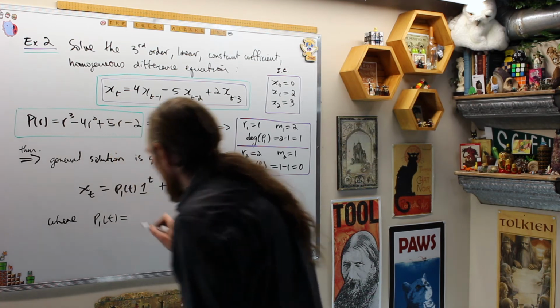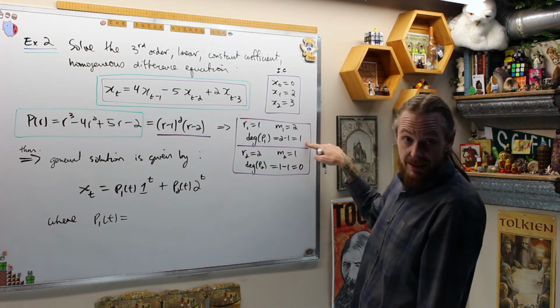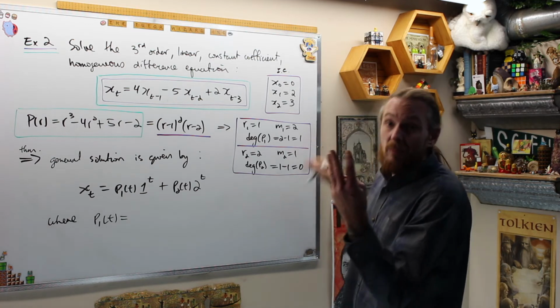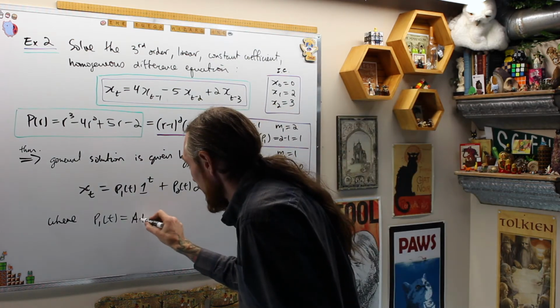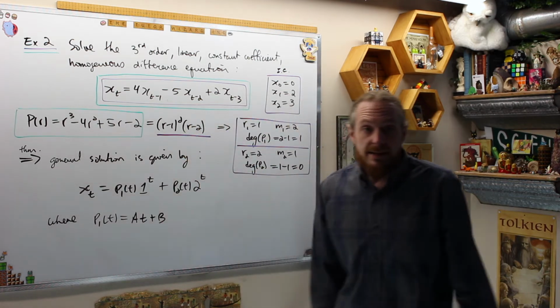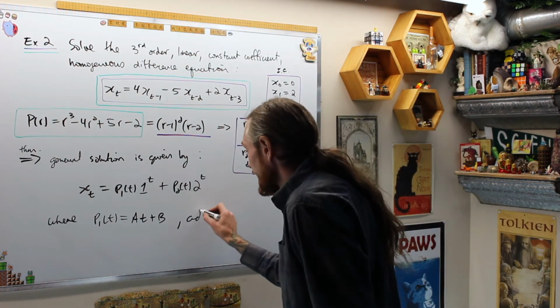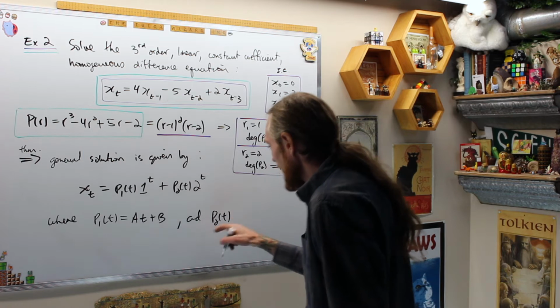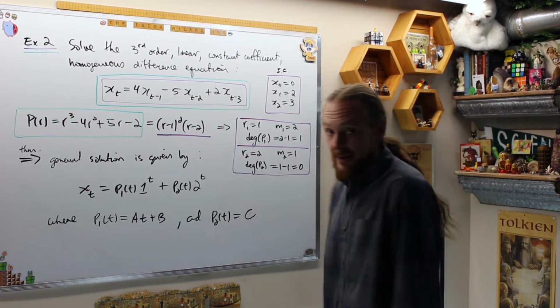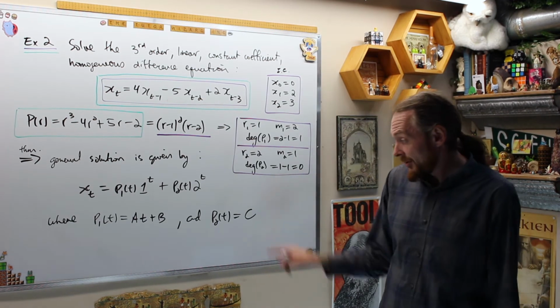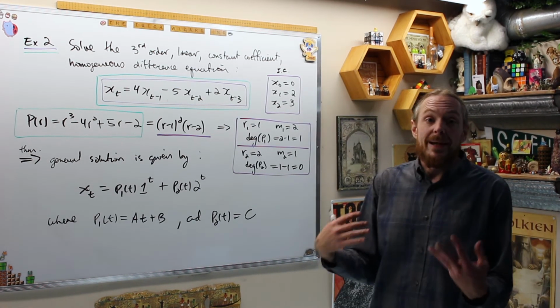P1 of t is going to be, we know from this calculation, degree 1, but we don't know what the coefficients are, so the most general form of a degree 1 polynomial is going to be at plus b. And P2 of t, we know from the calculation, is going to be degree 0, so it's just some real number. This is where we make the guesses.